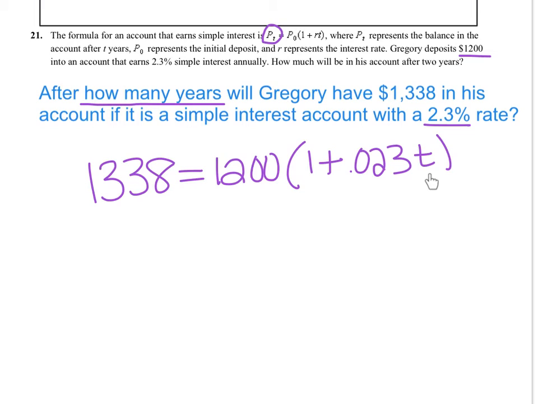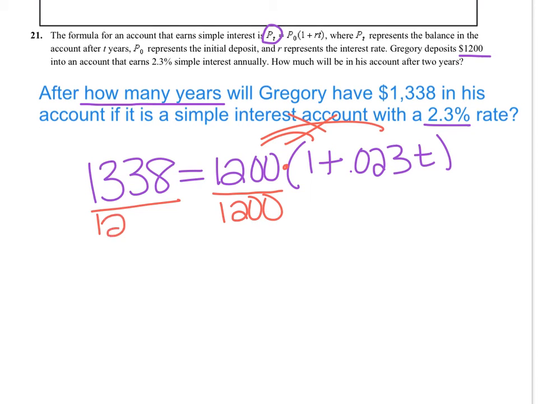You have two options. You could take 1,200 and distribute it into the problem, but I'm not going to do that. I'm going to divide it to the other side because there's a multiplication going on between 1,200 and those parentheses, so I'm going to divide both sides by 1,200.